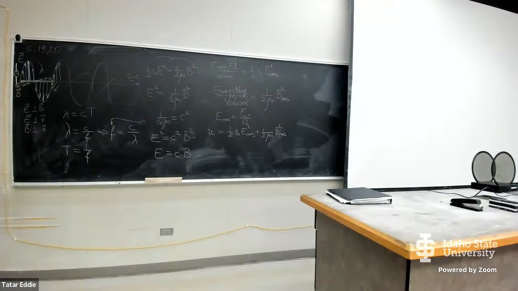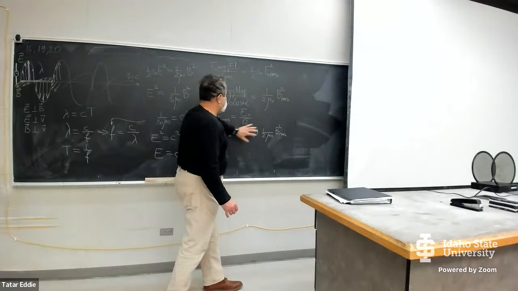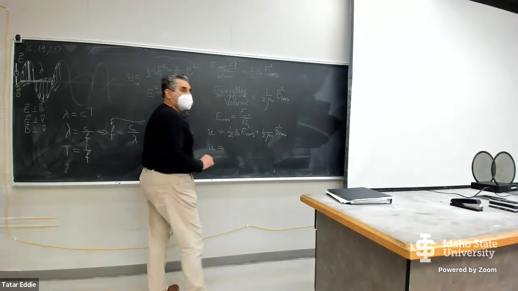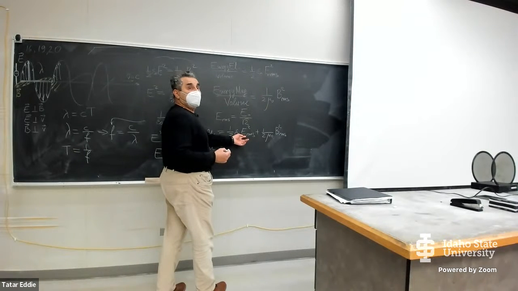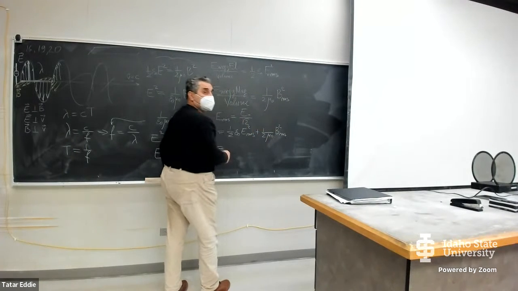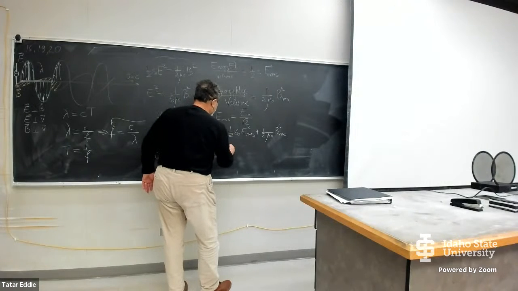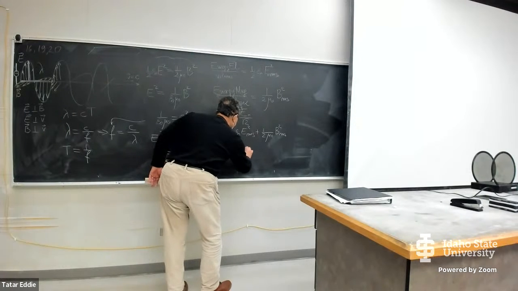Any other remarks and questions? Well, now look, since we have equality of the electric and the magnetic part of the energy density, you can write the energy density of electromagnetic wave only in terms of electric field. For example, you just have to double this, because double this is going to be equal to the whole density. So you can say that density of electromagnetic energy is equal to epsilon naught electric field squared, RMS value, of course.